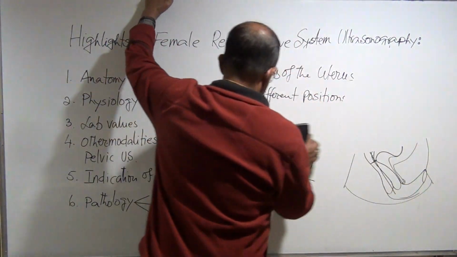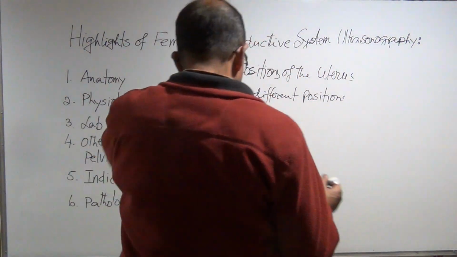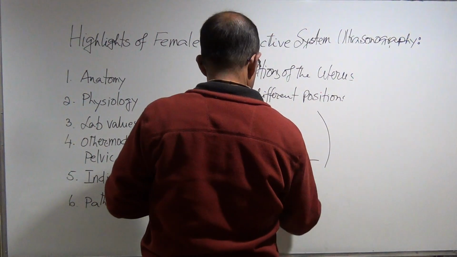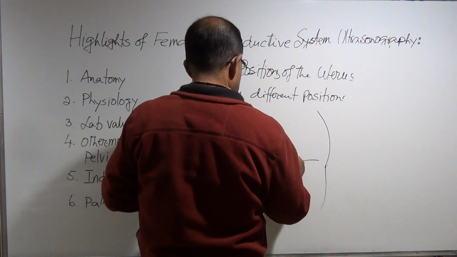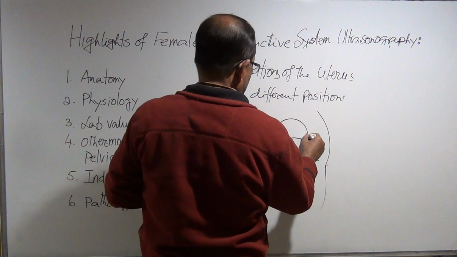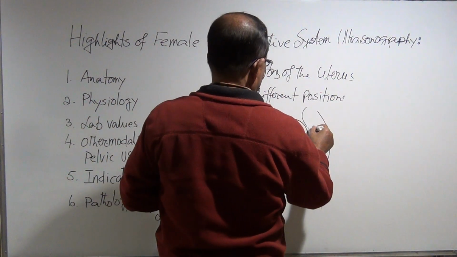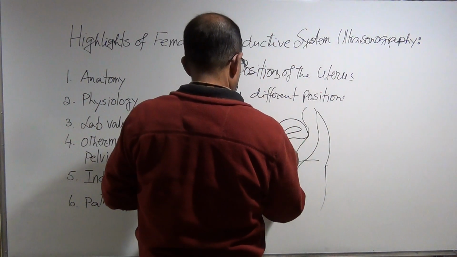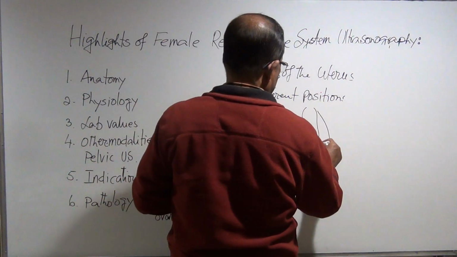I will show you the retro. In retro, the uterus... So this is bladder, this is uterus, and this is rectum.